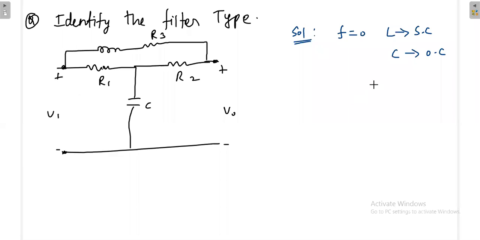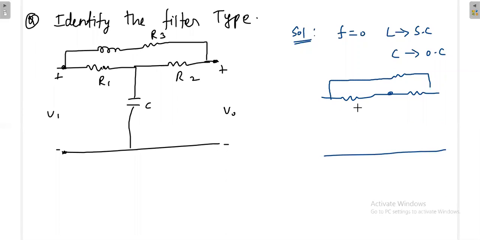Once that is the case, it will be like this. Then what is V naught with respect to V input? Anybody? What will be the output now?